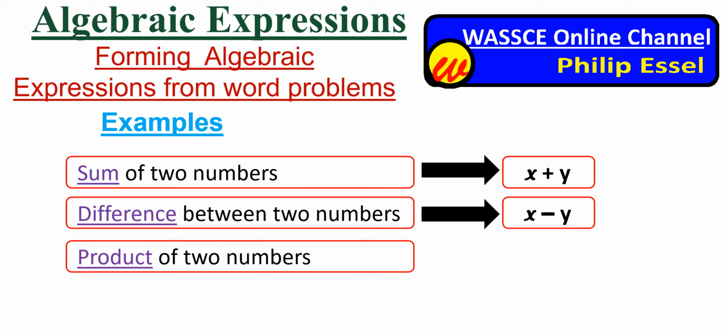Since we do not know these numbers, we are going to represent them by variables. So the first will be x, the second would be y. So the product of the two numbers x and y will be x times y. That would give us xy.